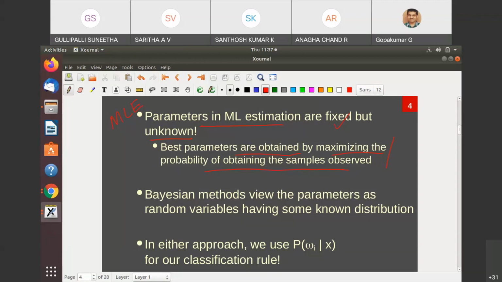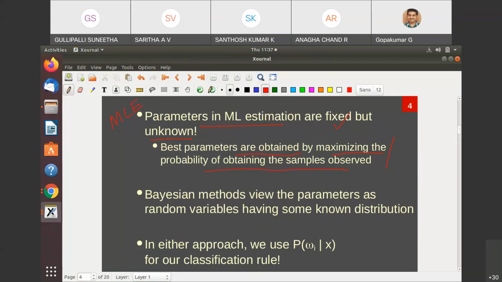That is the main source of information we have. So we have to find a parameter that maximizes the probability of obtaining the samples observed. Samples observed is actually the training data. That is the very critical point in maximum likelihood estimation.